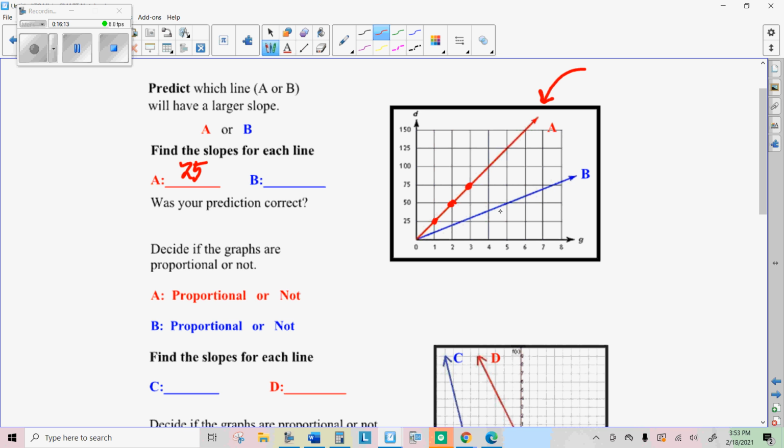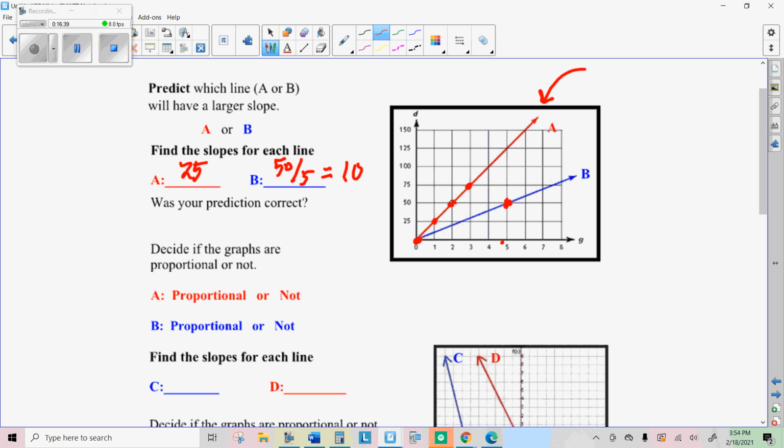For B, we need to go way over to this 5, and we see that it's going up to 50 for 5. So we're going to do 50 divided by 5 for that one, which is 10. So it's like it's going up at a rate of 10 miles per hour or $10 per gallon or something like that.